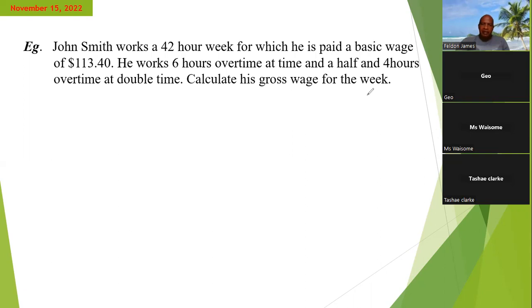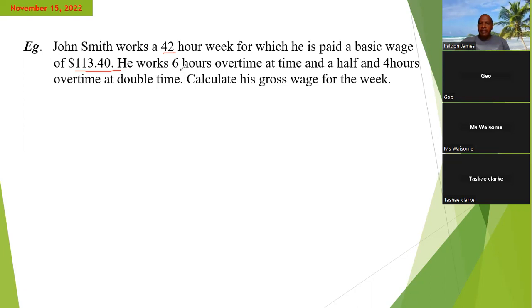So I may divide the 42 into the 113 and 40 cents. All right. In order to calculate the overtime rate, you really need to know what the hourly rate is, right? Yes, sir. So you would divide this by the 42 to get your hourly rate.